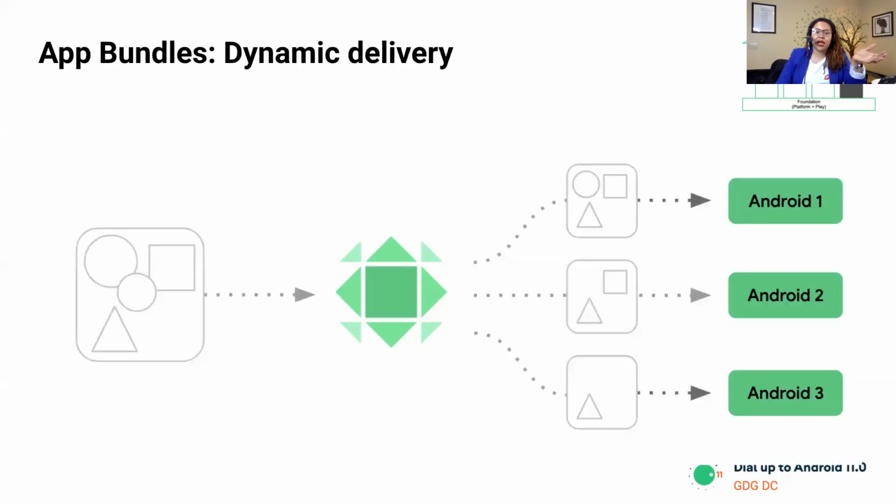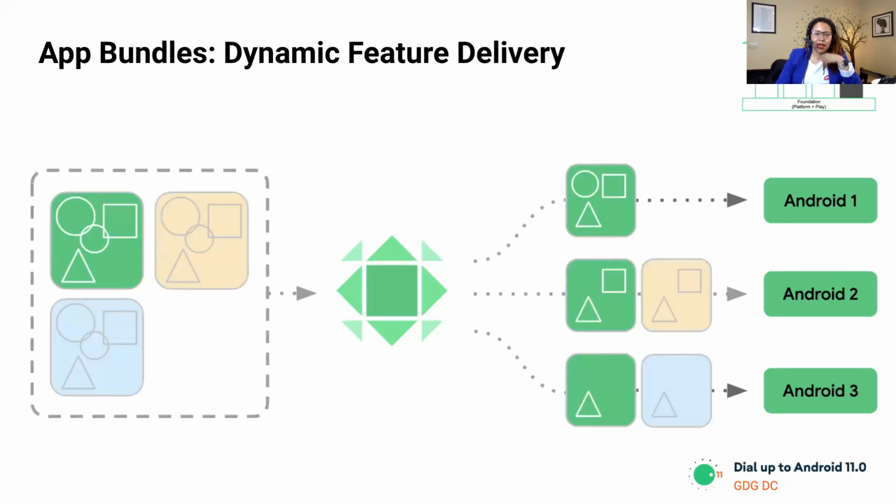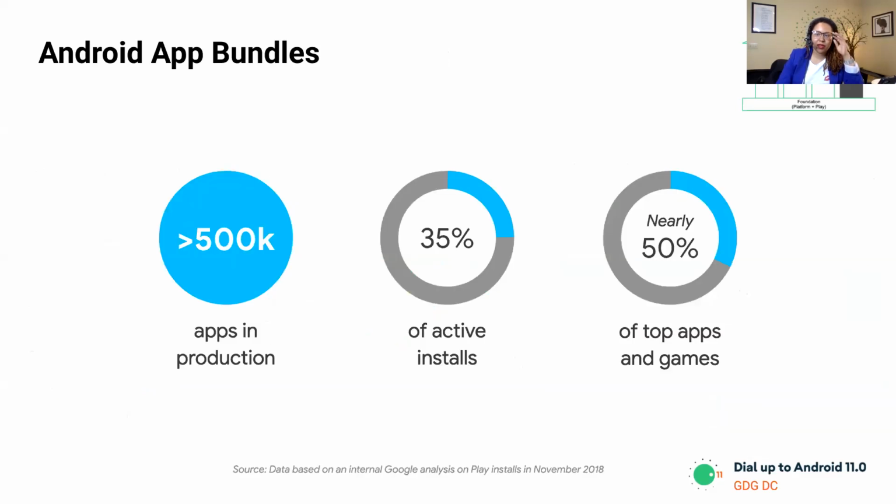Another way to visualize the per configuration downloads is to look at it this way. App bundles are providing you with a dynamic delivery. So not every single thing has to go to every single device. And we can see that here because they enable dynamic feature delivery where app modules can be delivered as needed. And so far, a lot of developers are using it.